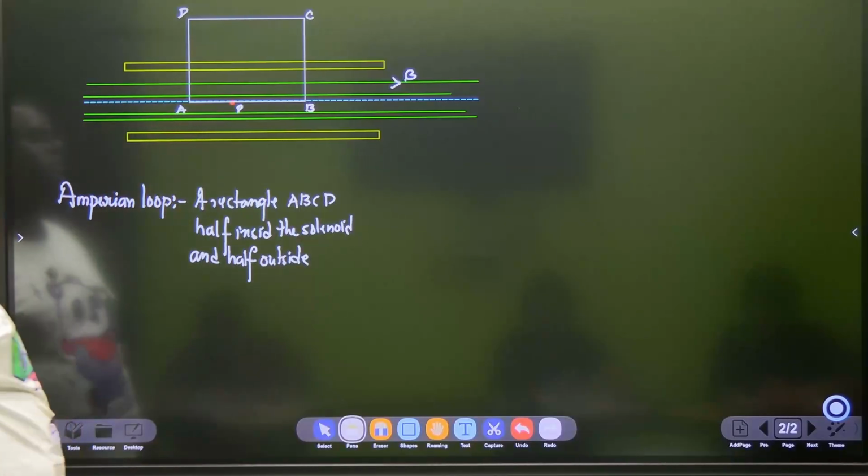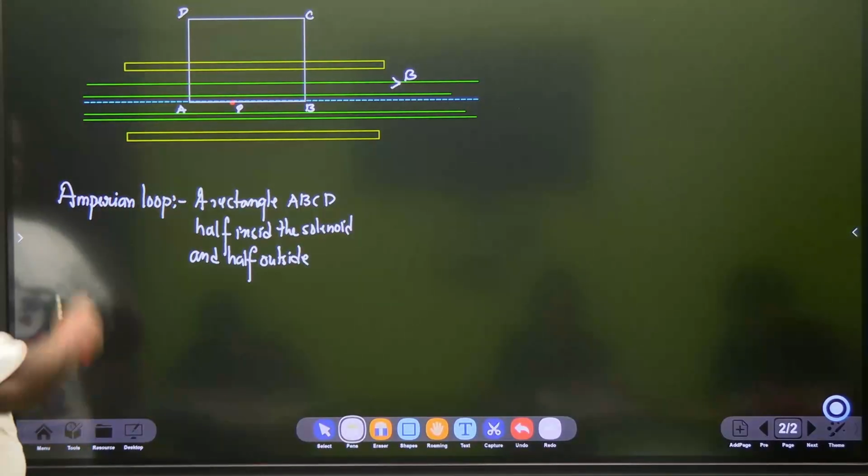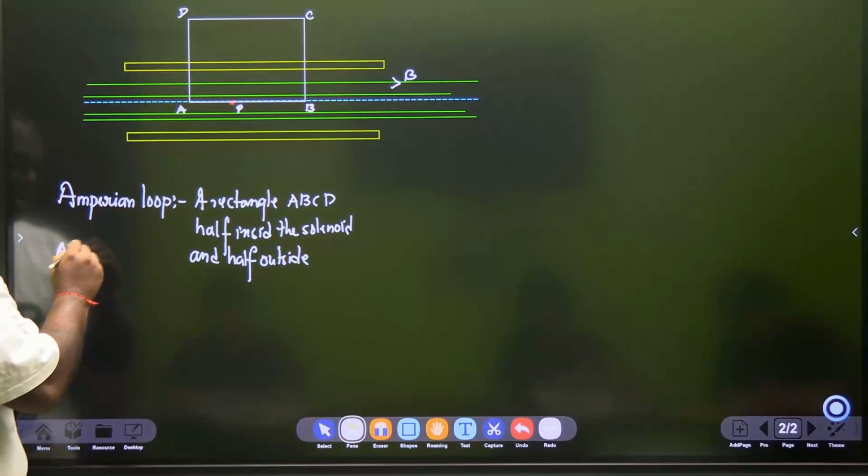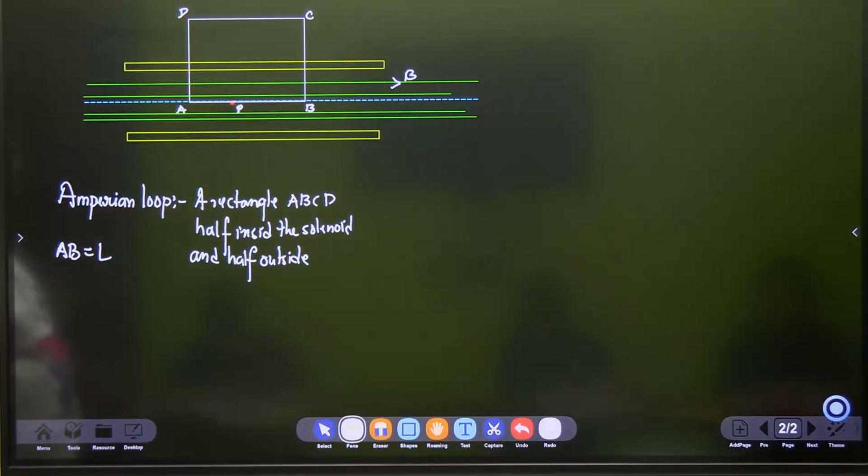We have taken the length of AB to be equal to L, or H, take anything. L is the length of the loop.